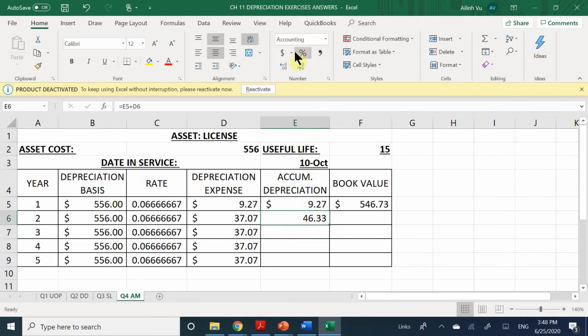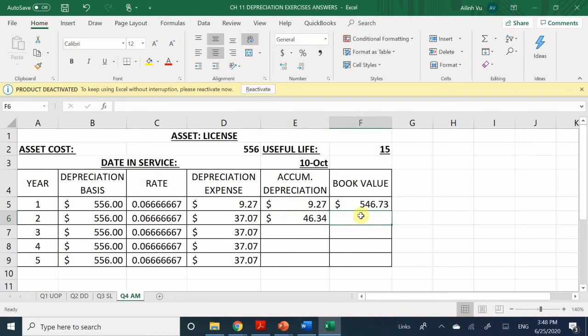So it should round this up to another number, so it should be 46.34. Okay, so again, you might have to make that minor change. Just make sure that you are aware of the number here and here. That's weird. It's supposed to round it because I'm using dollars, so I don't know why it left it like that.